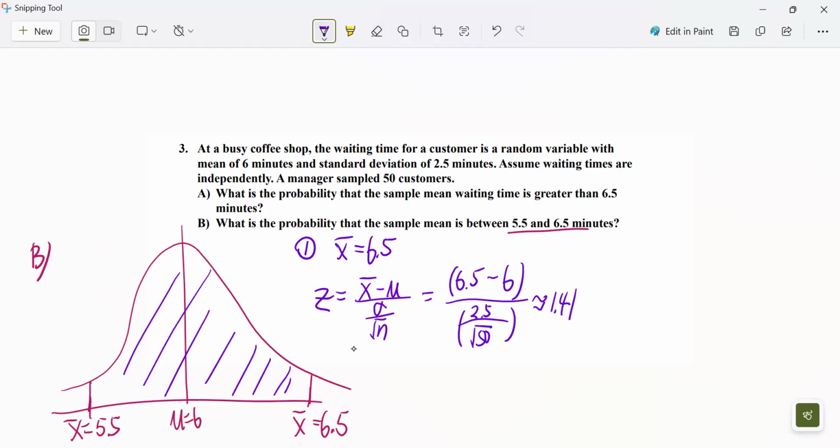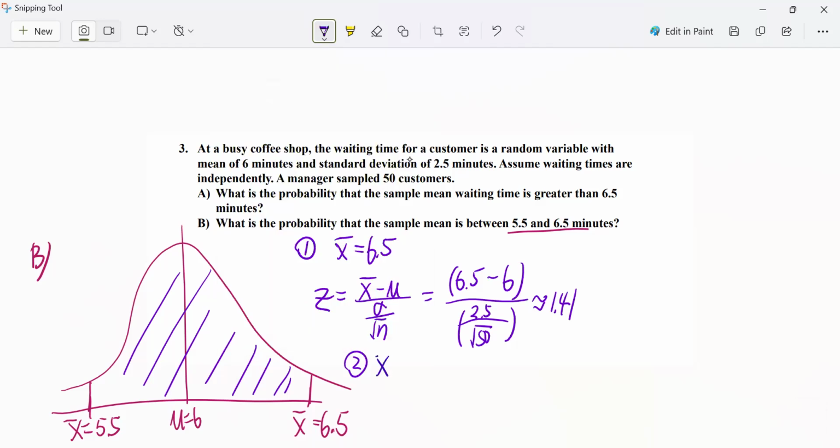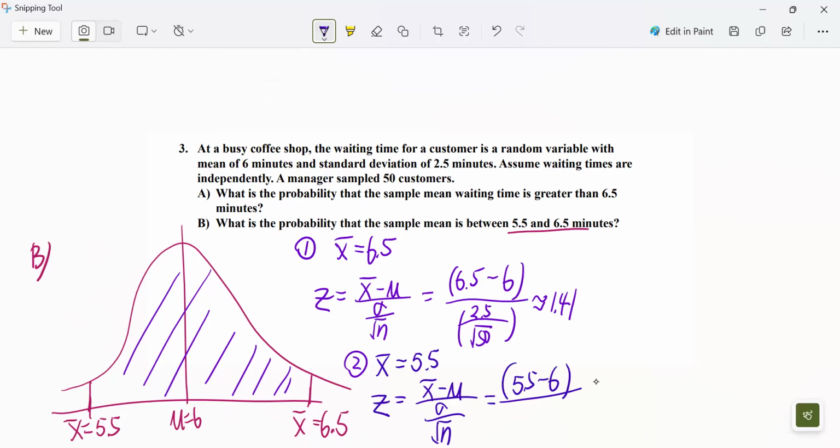And then for the smaller sample mean, 5.5, the z-score is sample mean minus population mean over population standard deviation divided by square root of sample size. So this is 5.5 minus 6 over 2.5 divided by radical 50, and this is minus 1.41.